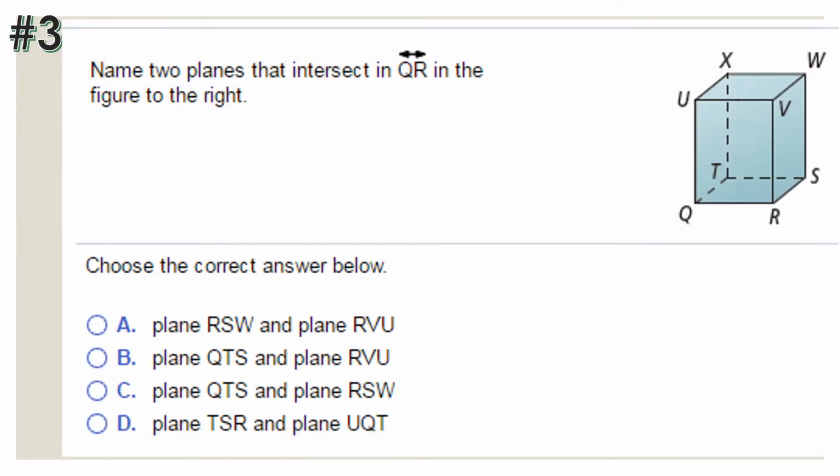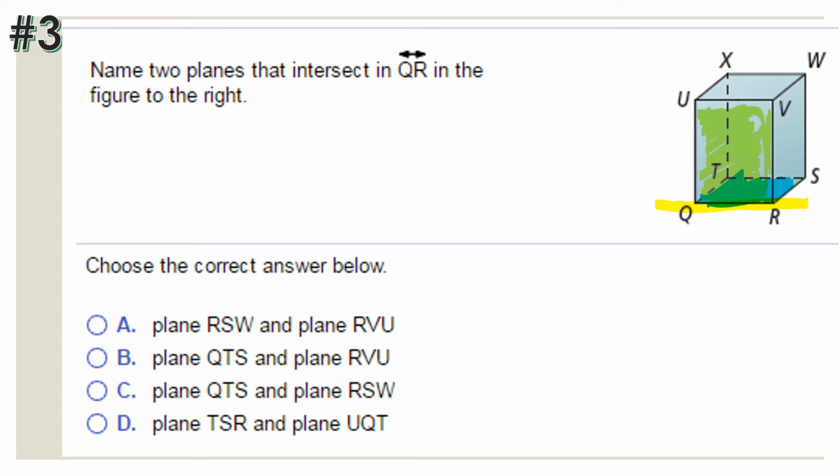Number 3, name two planes that intersect on line QR in the figure to the right. First of all, I'm going to find QR. So QR is right here. Okay, so your two planes have to intersect there. So this plane shares that line, and it shares that line with this plane back here.